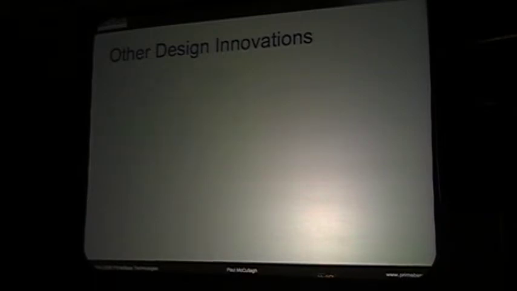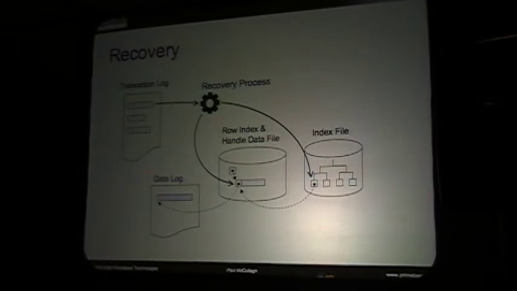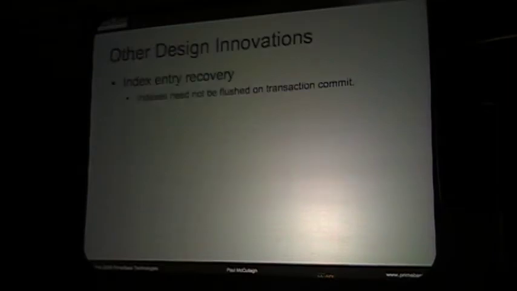When I'm writing a record, I write the cached version of the row index in the handle data file. You've got to synchronize that operation with the operation that you're writing to the log, because the order of these operations is critical to the structure of the database.